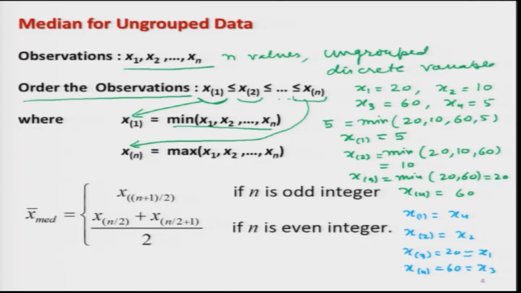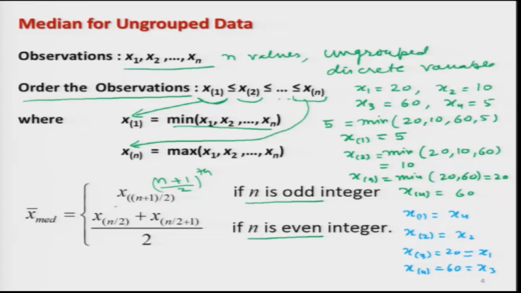Okay. So, now the first step in finding the median of ungrouped data is to order it, and once you order it, there are two situations: the number of observations can be odd or even. In case the number of observations is odd, then the median is going to be the (n plus 1)/2-th ordered value.